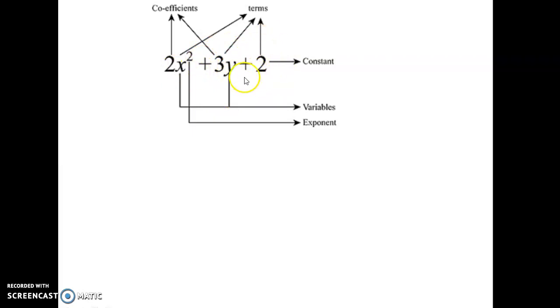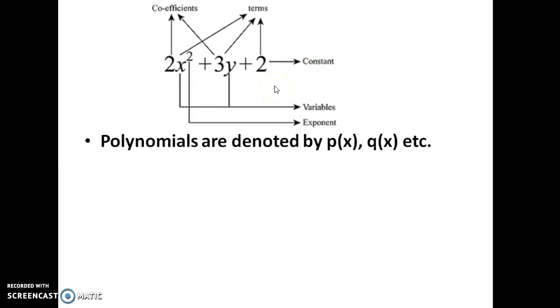These terms are connected by a plus or minus sign in an algebraic expression. If you don't have any variable, then it's a constant. So this is the basic idea you should have. Polynomials are denoted by p(x), q(x), etc. Usually p(x) means a polynomial in variable x.